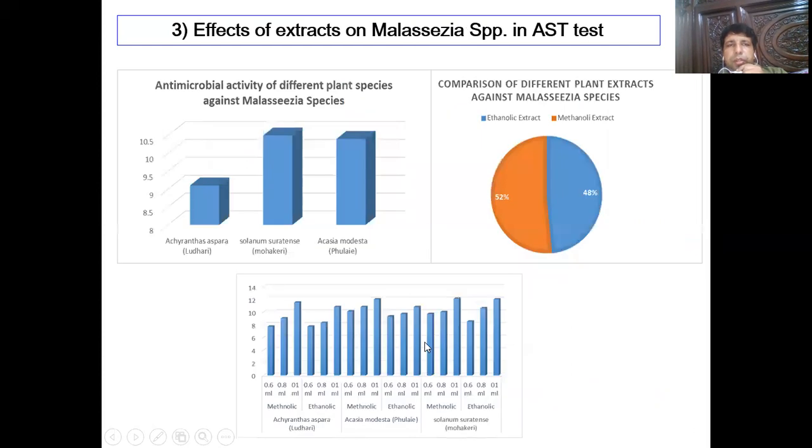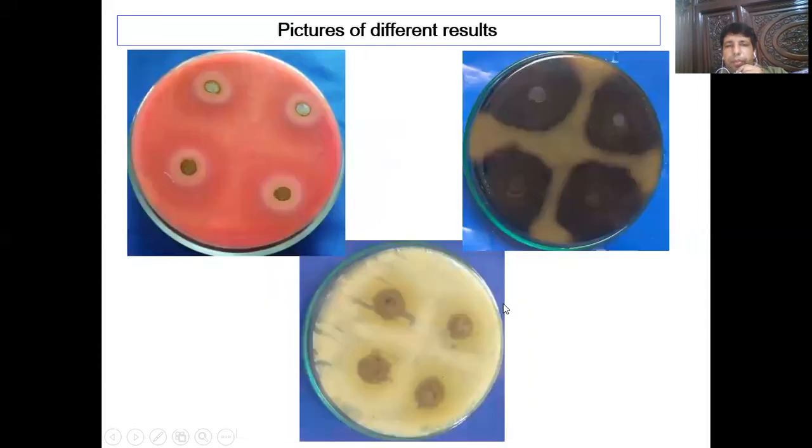Similarly here, if we see Malassezia species, the best zone of inhibition was seen in the 1 ml dilution of Solanum surattense and its methanolic extract.